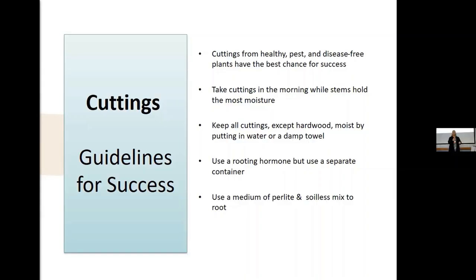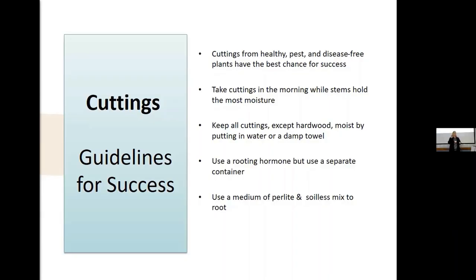The reason is that if you end up with a stem that has fungus or virus or some bacteria, you're not going to ruin that whole jar of rooting hormone. You're going to ruin just a much smaller amount, and that stuff isn't cheap. So pour some of that out, put it into a smaller container and use that. And then when you're done, discard that. Don't pour it back into the larger container.